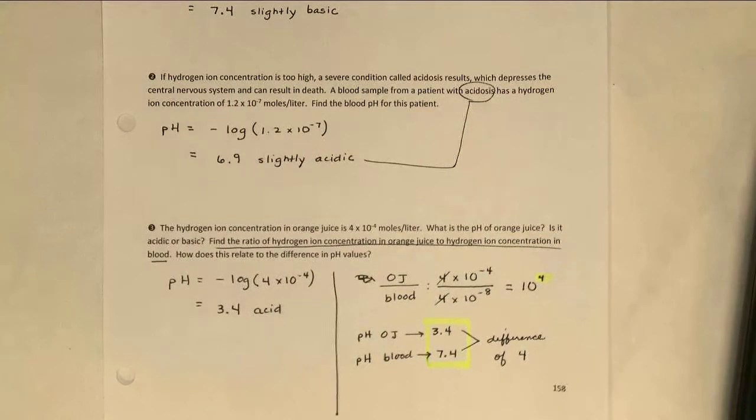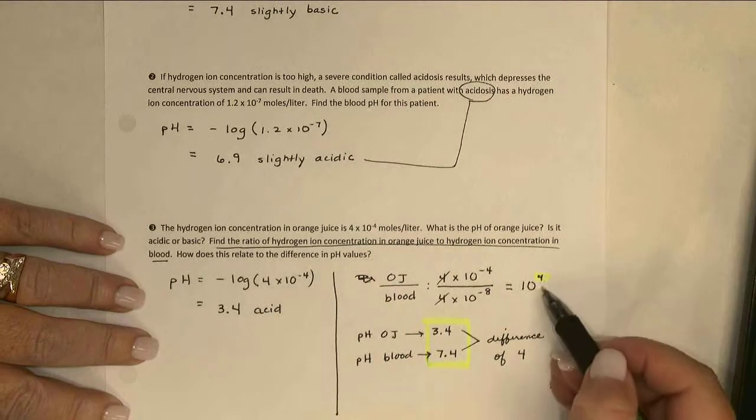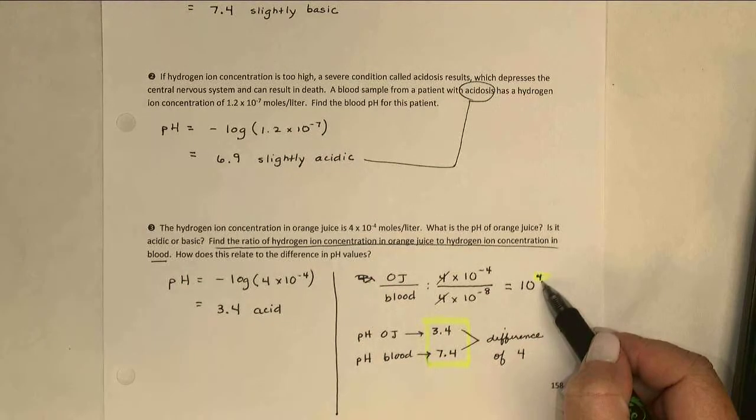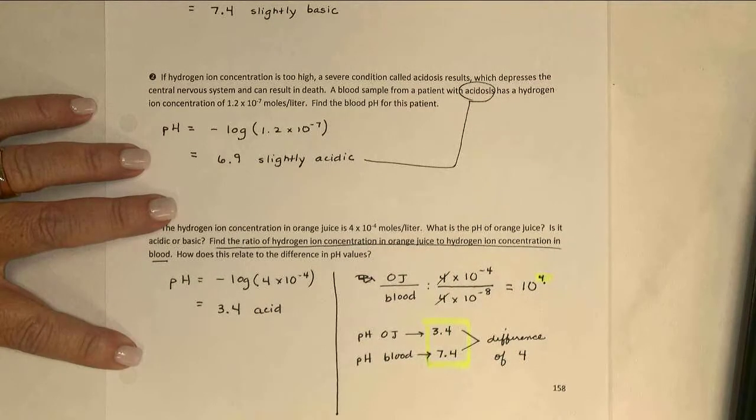We go back to that idea that the logarithm is really like a missing exponent, right? It's an exponential or order of magnitude designation. The fact that the difference here is 4 is actually a difference in 10 to the 4th times as much hydrogen ion concentration.